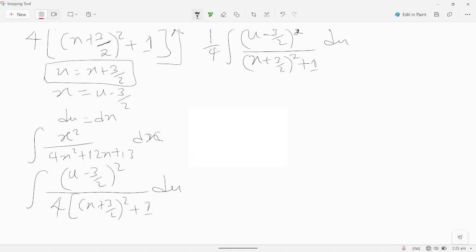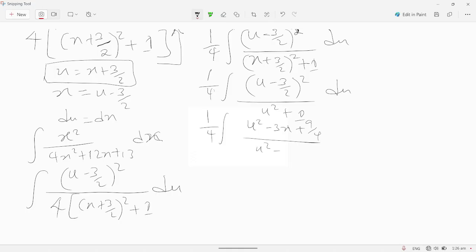I'm supposed to replace u here, because everywhere there's x plus 3 over 2, there's supposed to be a u. So 1 over 4, u minus 3 over 2 squared over u squared plus 1, du. The top part you can simply expand. You're going to have something like u squared minus 3u plus 9 over 4, over u squared plus 1, du.